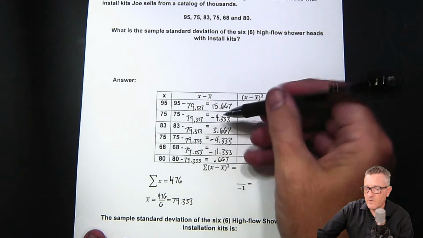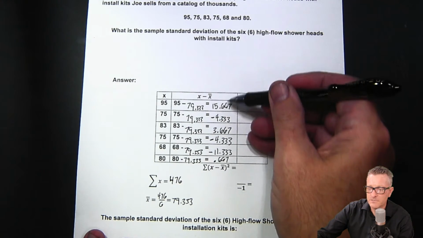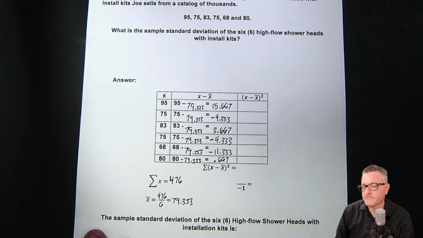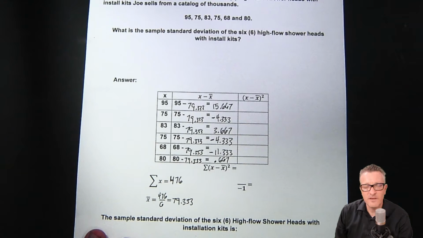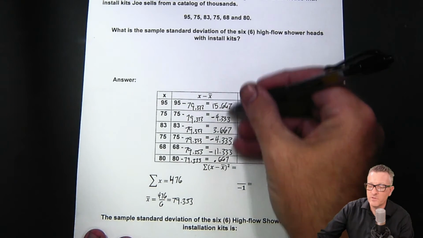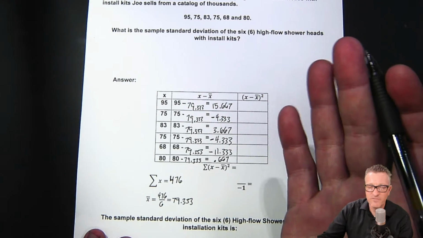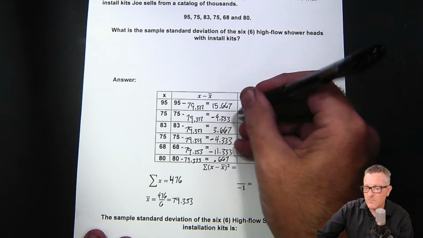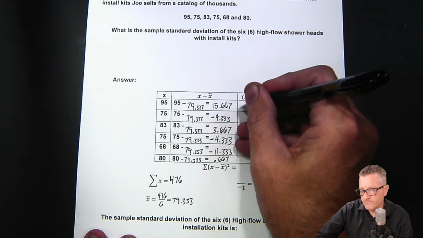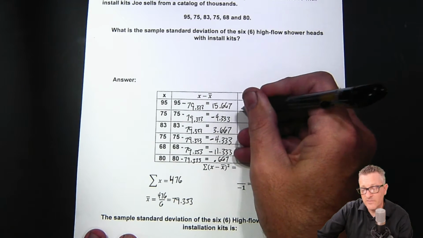So if we square our results right here, we end up without the negatives, because if you multiply a negative by a negative, you have a positive. So if we square these values, we get rid of the negativity.